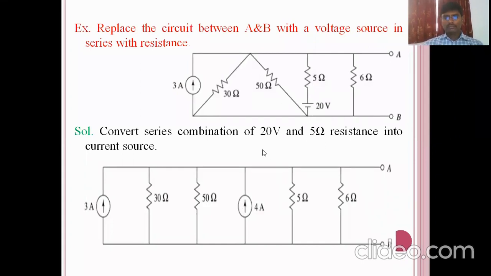Here I is equal to V by R, which is 20 by 5, equal to 4 amps. The series combination of 20 and 5 becomes the parallel combination of a current source and resistance. So 4 amps appears here, and 5 ohm.